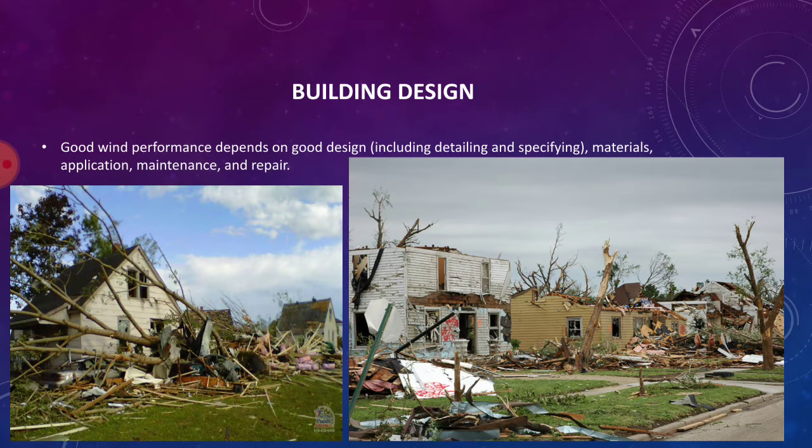As I mentioned before, here you can see two pictures showing the immense destructive power of wind and why it cannot be overemphasized. Therefore, in the building design, good wind performance depends basically on the design and all the details and specifications, whereby the materials and their application play a huge role, as well as the good durability of materials, and also the maintenance and repair.